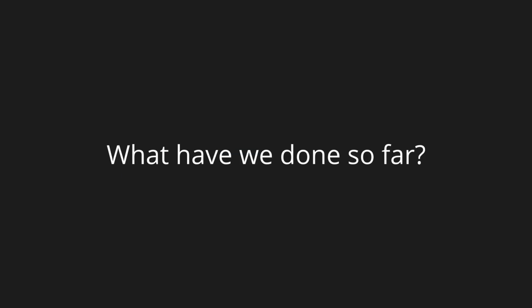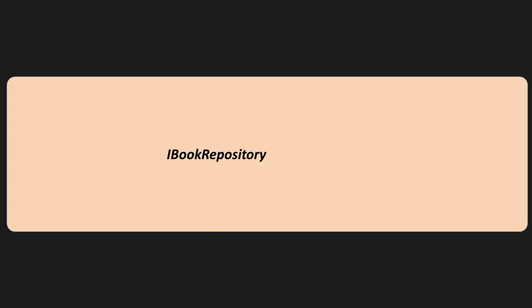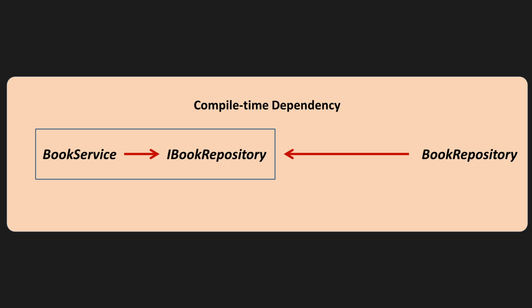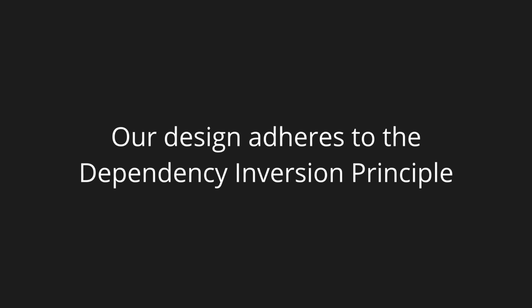So what have we done so far? First, we created an abstraction called IBookRepository and let the book service class use that abstraction. Plus, the book service class also owns that abstraction. And finally, we let the book repository class implement the IBookRepository abstraction. So this way, we have inverted the direction of our compile time dependency. So our design now adheres to the dependency inversion principle.